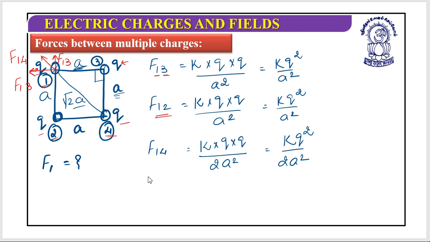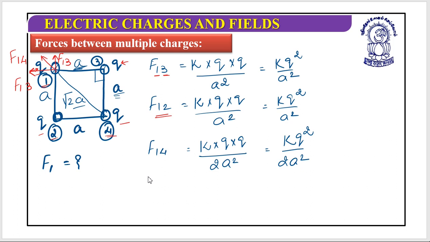This is simply the magnitude. Here we have positive charges only, but even if we have negative charges, we consider them as positive when we are talking about the magnitude.